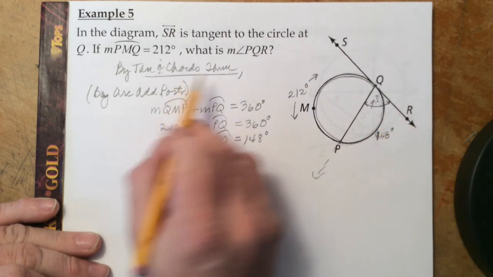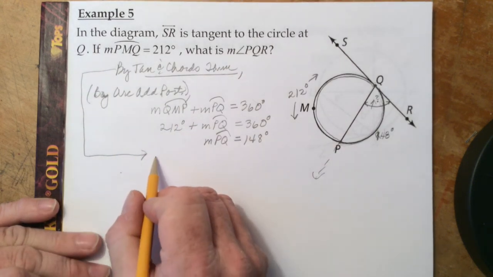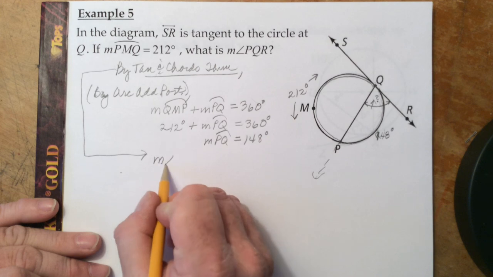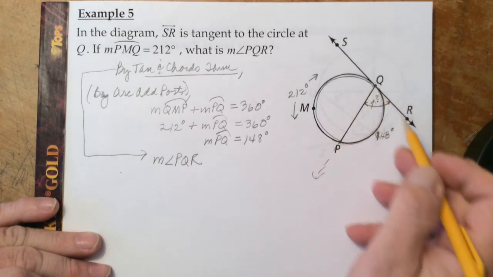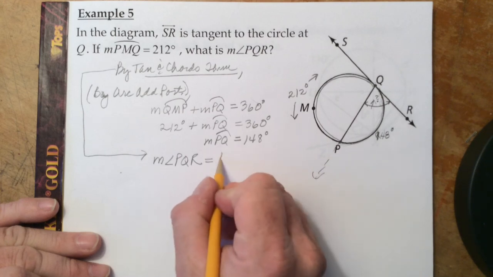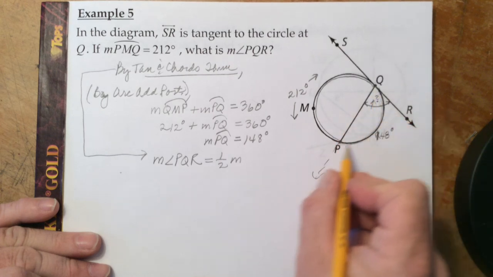So now we know this is 148 degrees, and we have enough to use the tangent and chord arc theorem now. So by that theorem, the measure of angle PQR, so right here, is equal to half the measure of arc PQ, the one it intercepts.